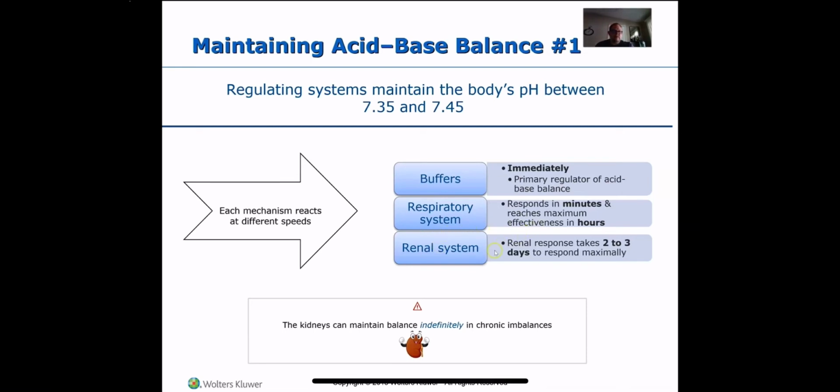So it can take up to 2 to 3 days to respond maximally. Now, if it's a metabolic or respiratory issue and your kidneys get to the point where your body can hit homeostasis, between 7.35 and 7.45, it can maintain that balance indefinitely because you're not having to breathe fast. Your kidneys can keep excreting.